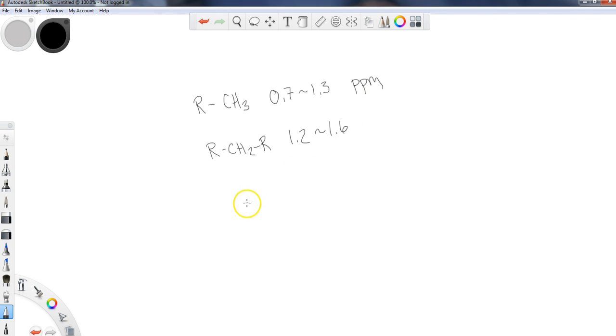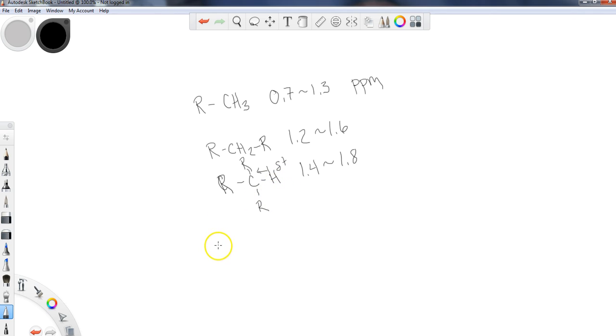And then a tertiary, so, oops, I meant to make that an R. And we have a C with another R, right, and a third R. But if this had an H here, so we had a tertiary hydrogen, that one would probably be 1.4 to 1.8. And keeping in mind, hydrogens are partially positive, so there is some inductive effect towards the carbon. So the carbons can slightly deshield the hydrogens. The more carbons we have surrounding, the more slight deshielding we can have occurring.